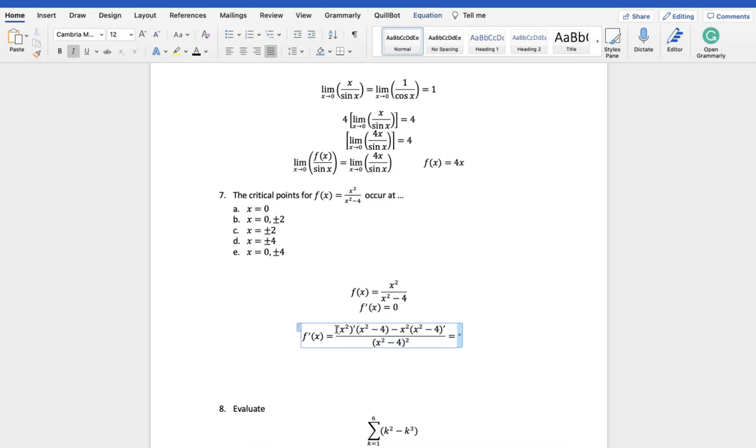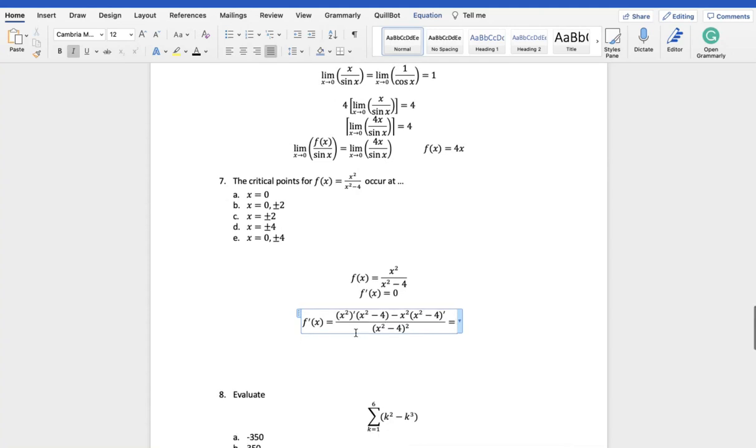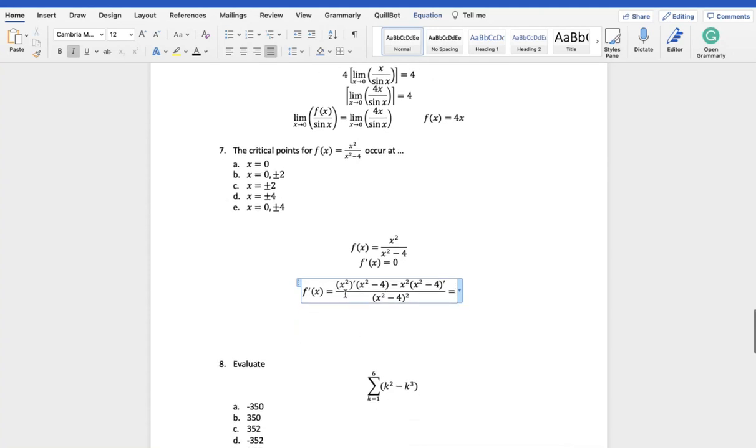So when you derive the numerator, the derivative of x squared is just 2x, right?